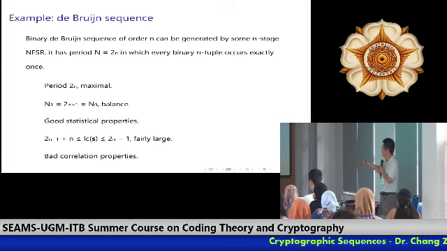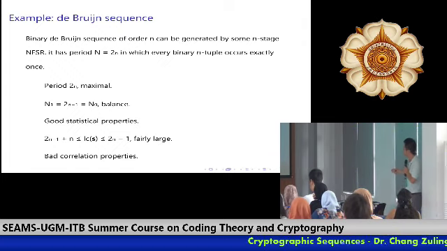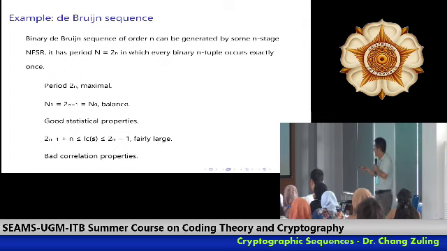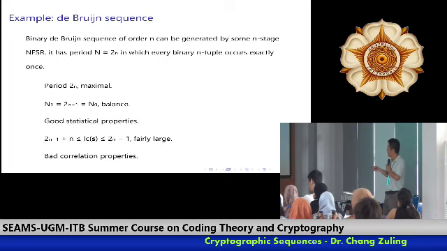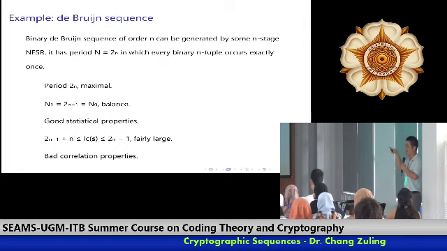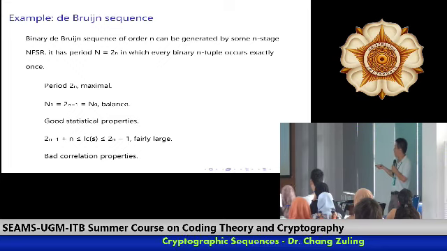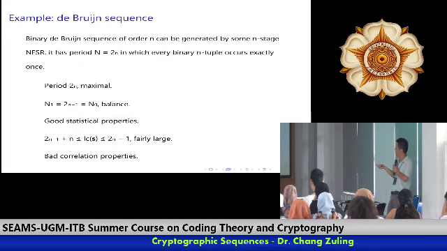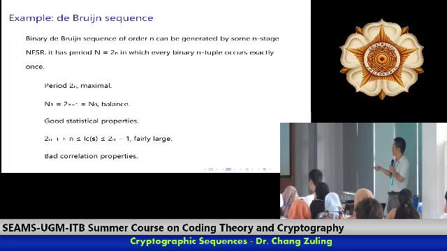That's the definition of the de Bruijn sequence. We'll talk about it later. It's truly balanced: the number of zeros and the number of ones are the same. It has good statistical properties. Also, its linear complexity is large, at least 2 to the n minus 1 plus n.